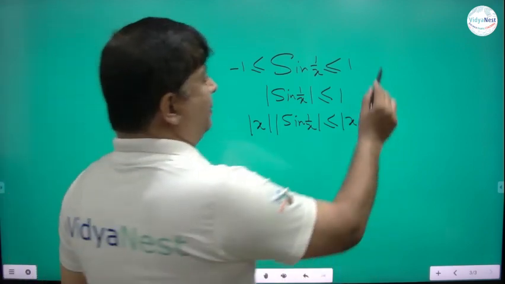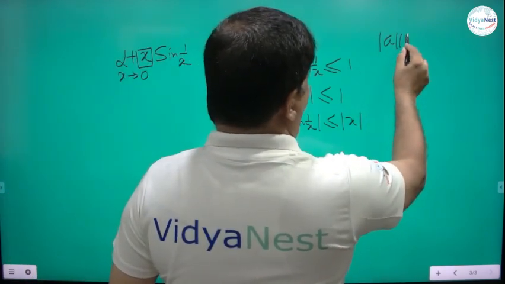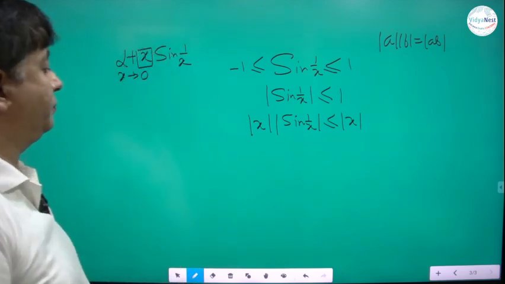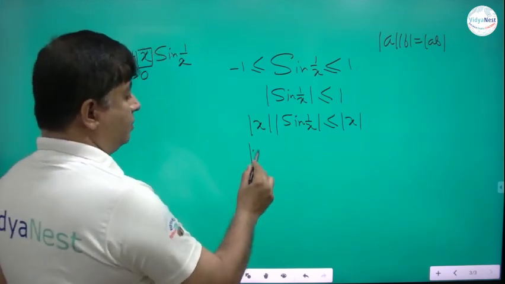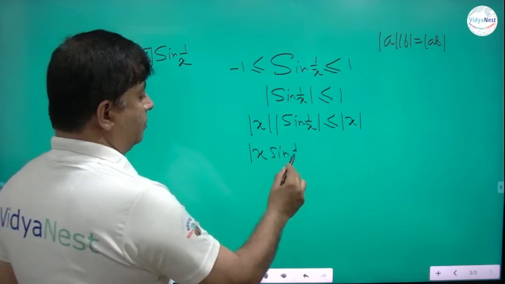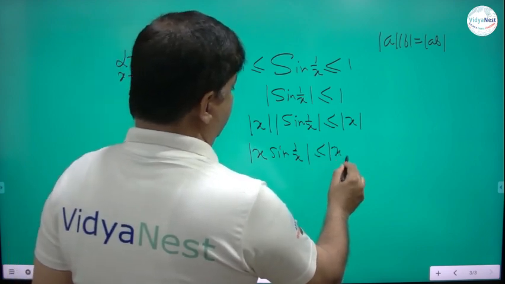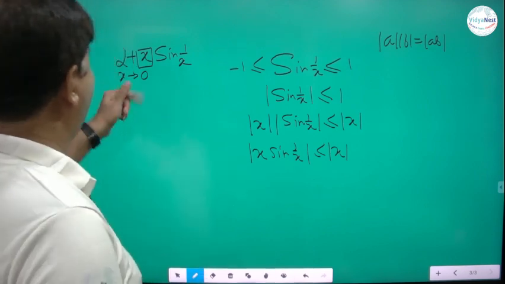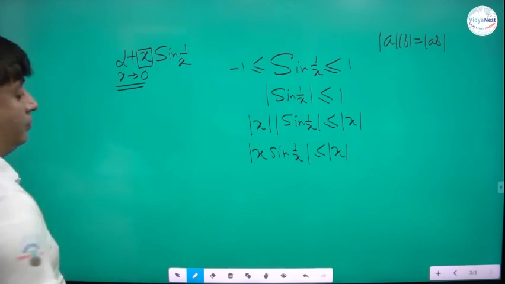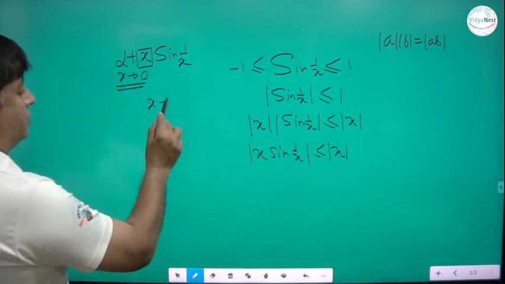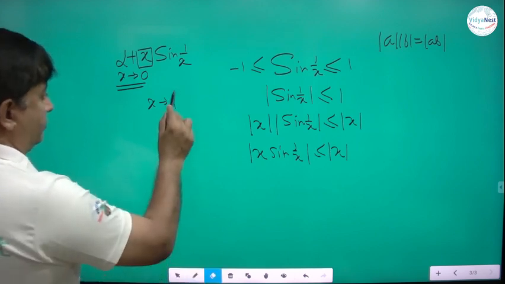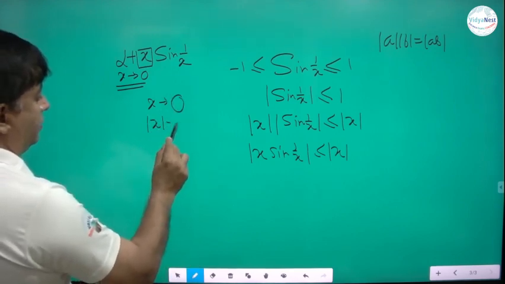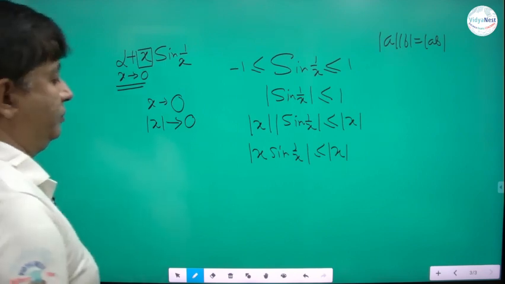Now, by the basic property, |A| into |B| will be |AB|. So |x sin(1/x)| is less than or equal to |x|. Now, what is given? x tends to 0. x tends to 0 means |x| also tends to 0.